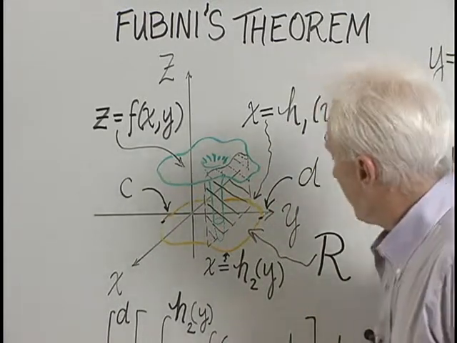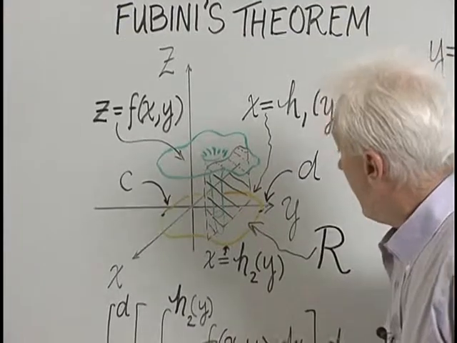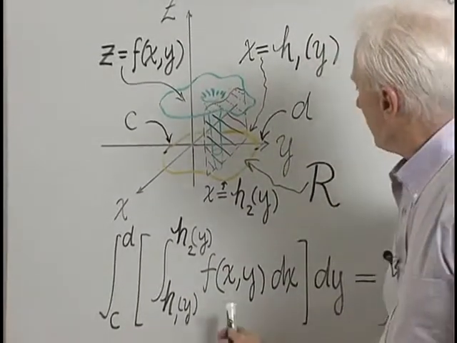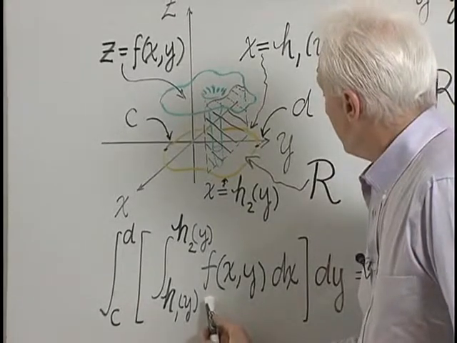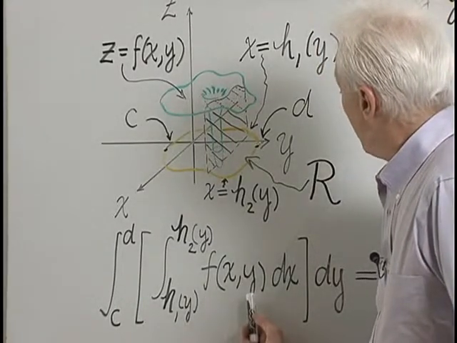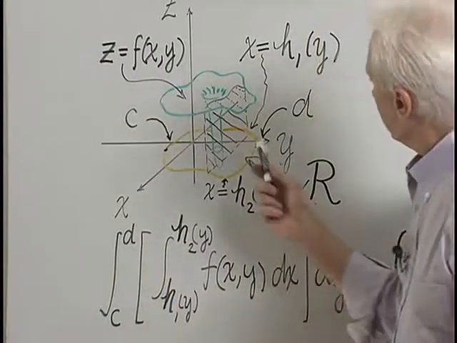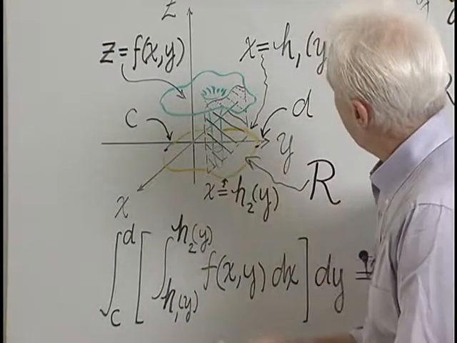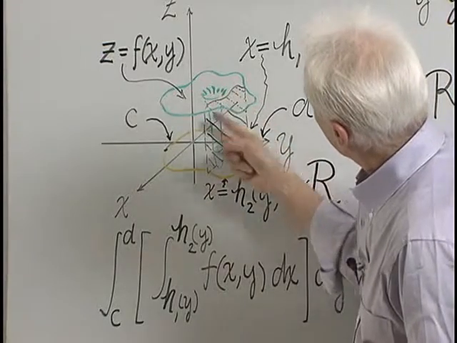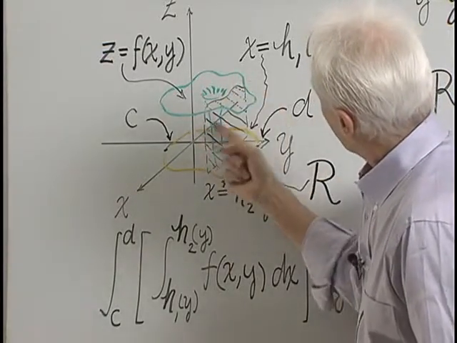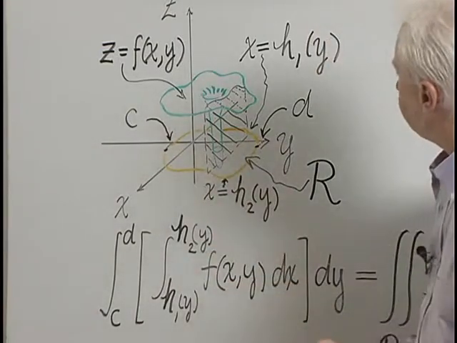And so for each fixed value of y, when I look inside this big pair of brackets here, what I'm doing is I'm integrating f of xy with y fixed from h1 of y to h2 of y. And so that would sort of be represented in this case. You can think of it as the area under that little black curve there, which I've cross-hatched there.